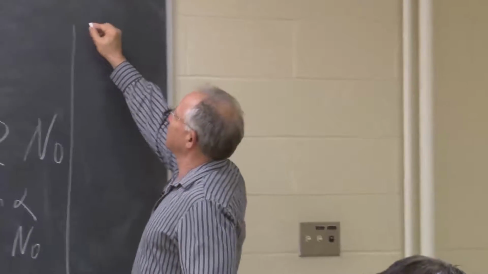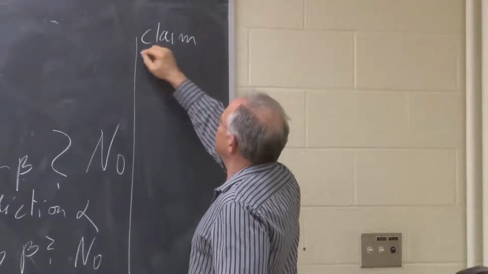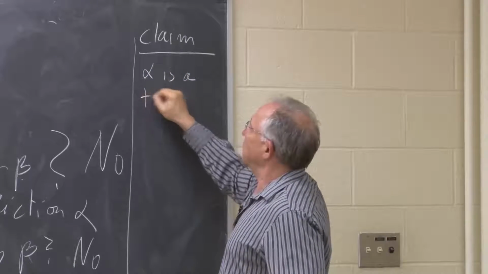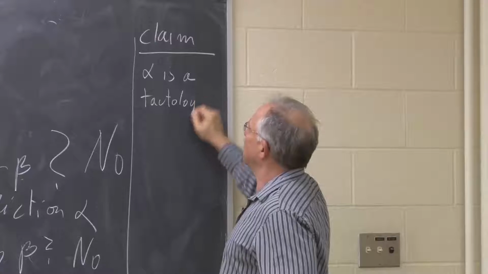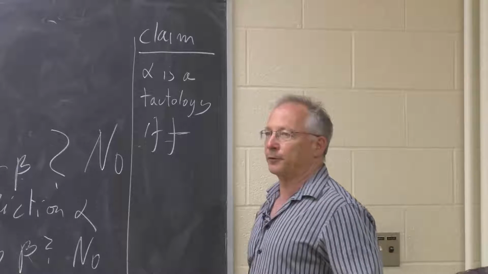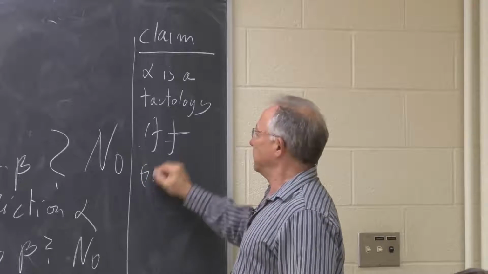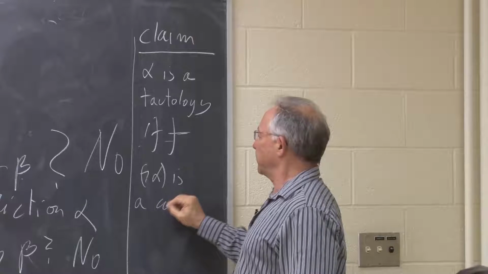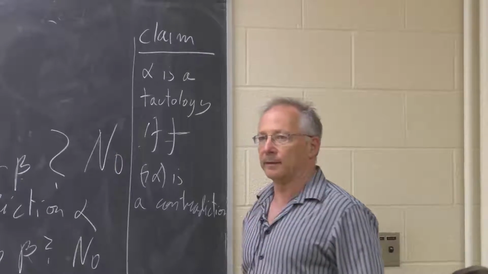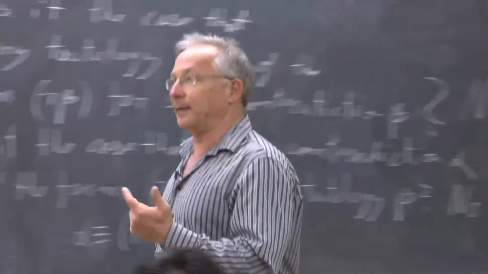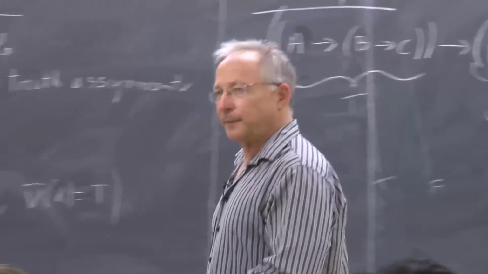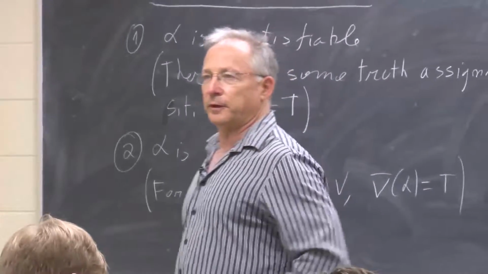So we can say that alpha is a tautology if and only if, so I'll write if with double F for if and only if, neg alpha is a contradiction. I cannot claim that if alpha is a tautology, then there is a neg inside it, but I can claim that if I add neg to it, I will get a contradiction.